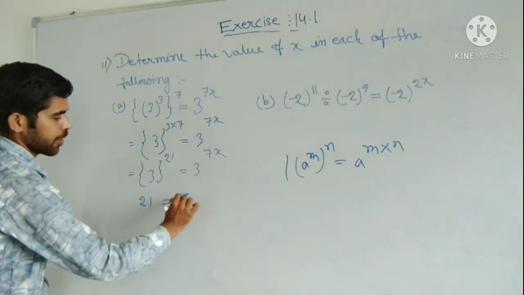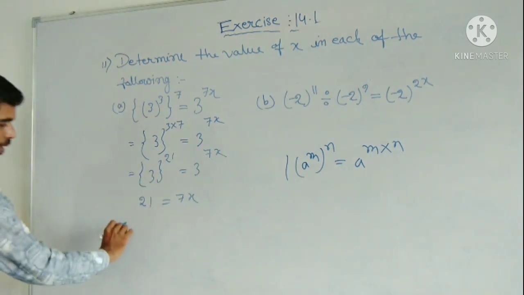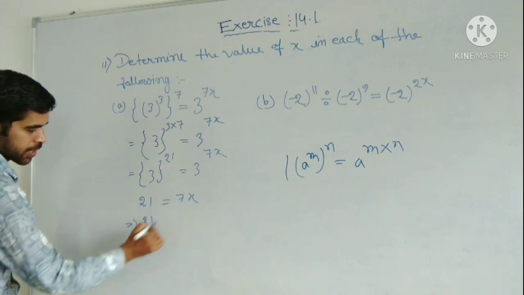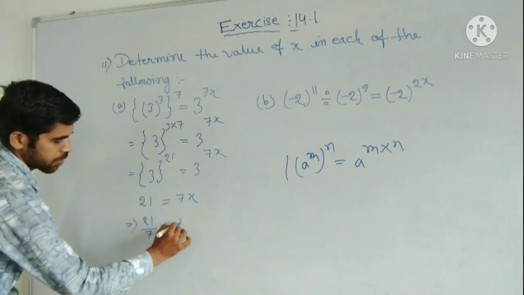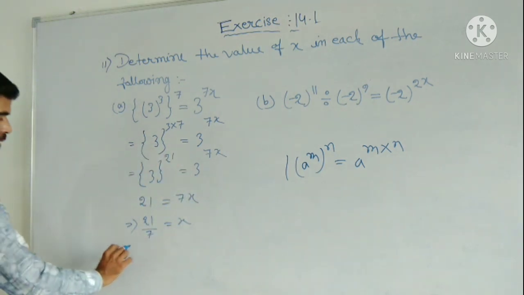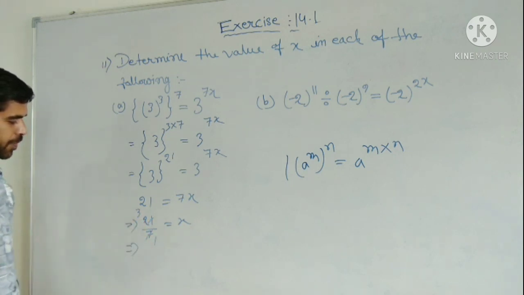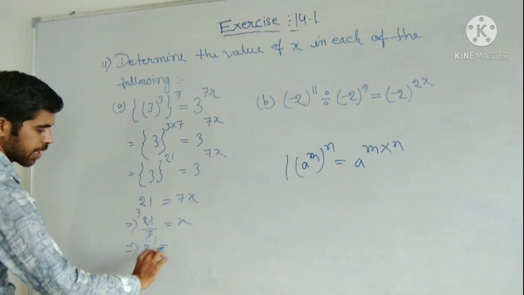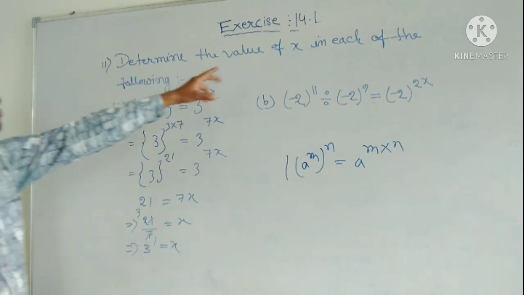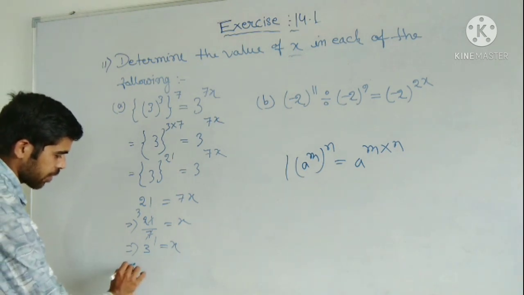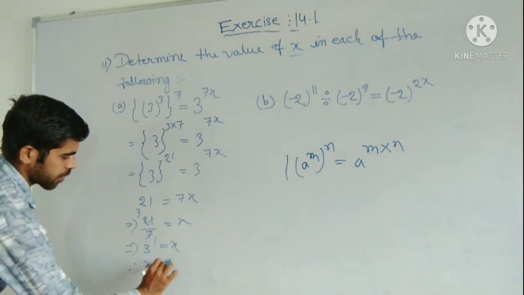Then you write from there 21, then this 7 will come here. So now there is x. Now if you cut this one, 7 on the 7, 7 3s are 21. Now 3 is there, x. Here we have to find out the value of x. So this way you can find out the value of x. Therefore x equal to 3.